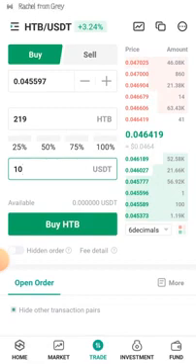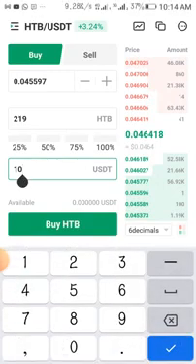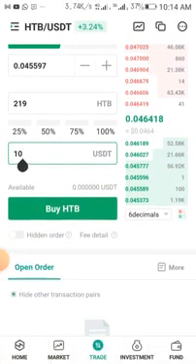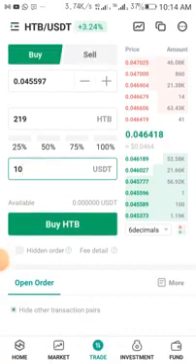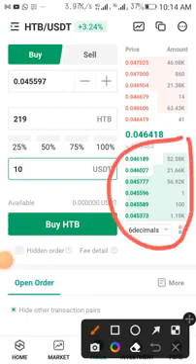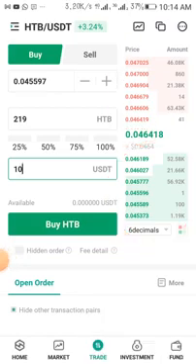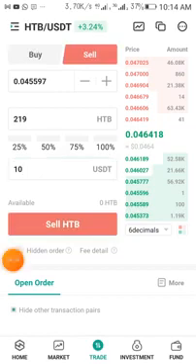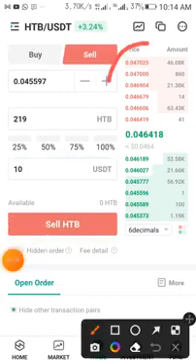To overcome this challenge, you will not come as a taker that wants to buy from these makers directly. You will join them in this order book. If you want to sell, you come and join them here.